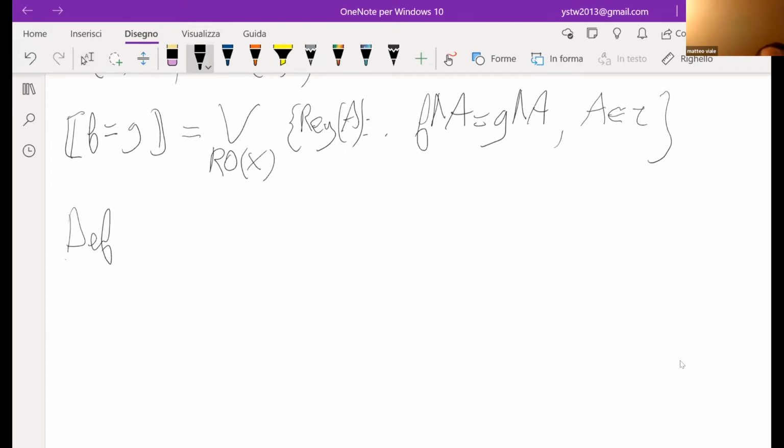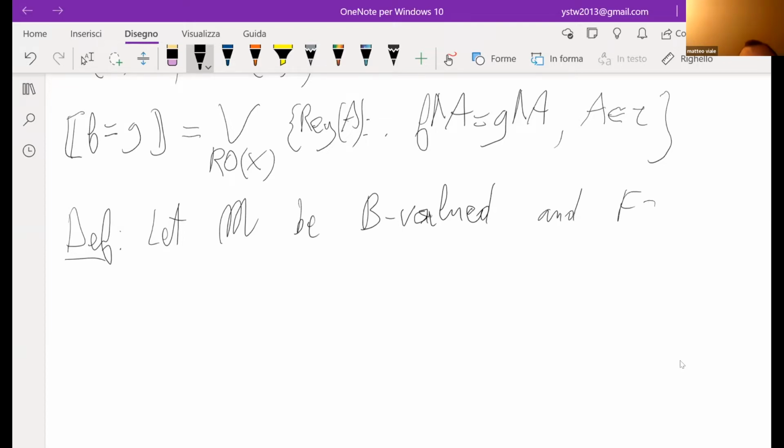I need to expand more the theory of Boolean valued models. So let M be a B-valued model, and F contained in B a filter.